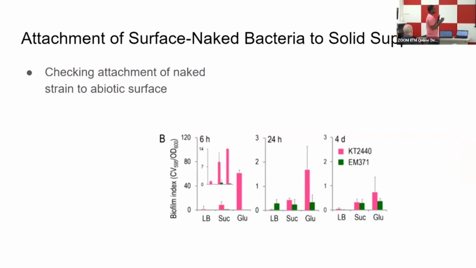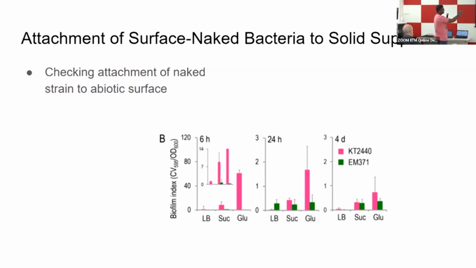Attachment of surface naked bacteria to solid supports. After all these tests, they wanted to check if the modified strain is able to attach to any abiotic, that is non-living, surface. They checked for different conditions such as LB, sucrose and glucose. LB is a rich medium. These are the growth mediums, and they also checked different time intervals such as 6 hours, 24 hours and 4 days.